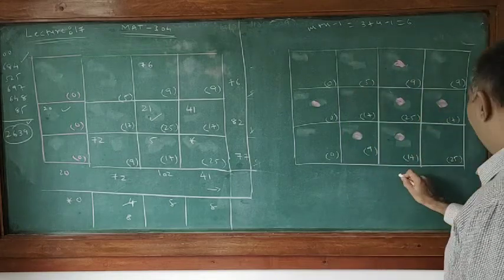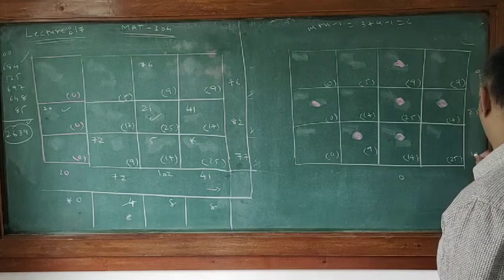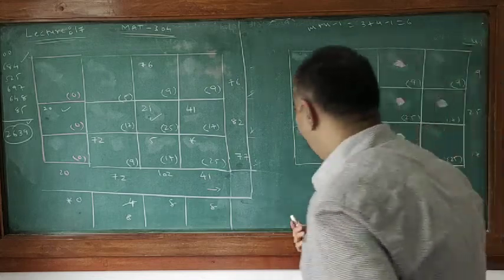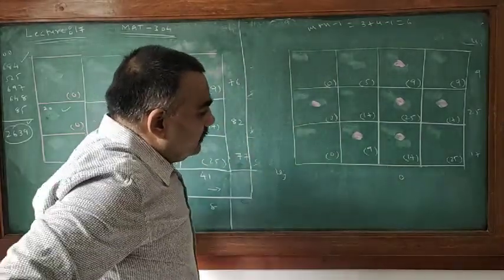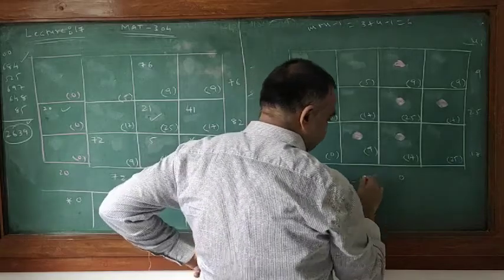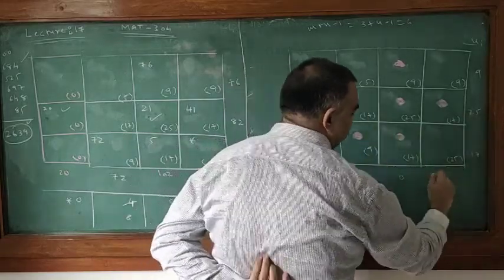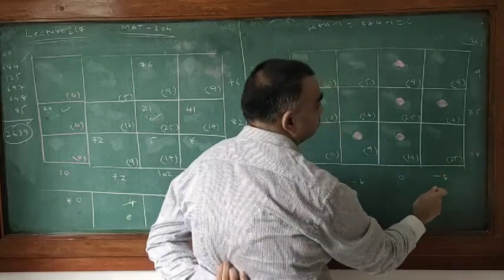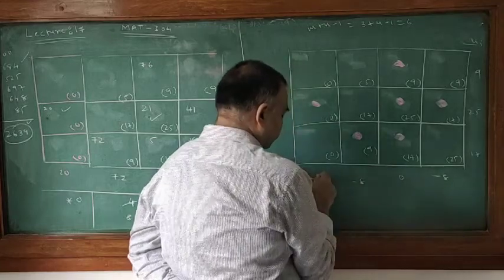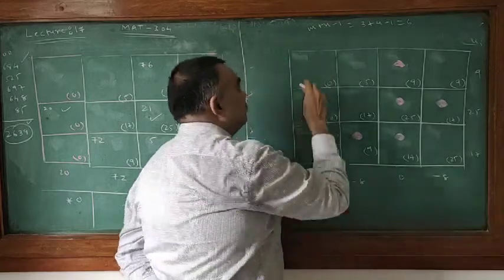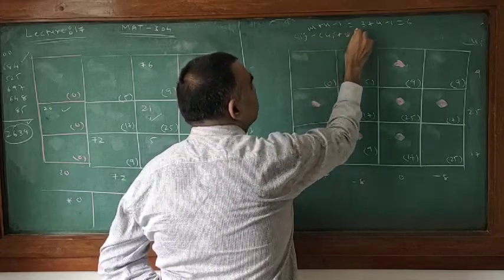Now we put 0 here, means it is 9, 25, 70. Means we are going to calculate ui and vj, and therefore it is minus 8, minus 8, minus 25. So now we calculate Cij minus (ui plus vj).